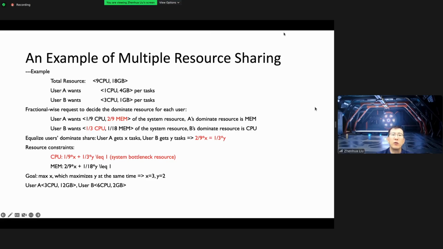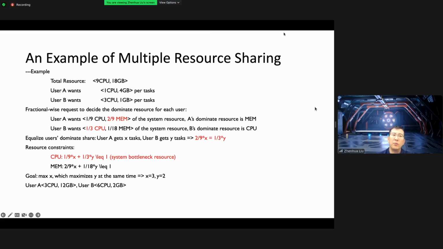So user A wants 1/9 of the system resource on CPU, and 2/9 of the system resource for memory, right? It's 4 gigabyte divided by 18 gigabyte, right? So compare these two, user A wants more memory, right? Normalize the memory for this, so that its dominant resource is memory.